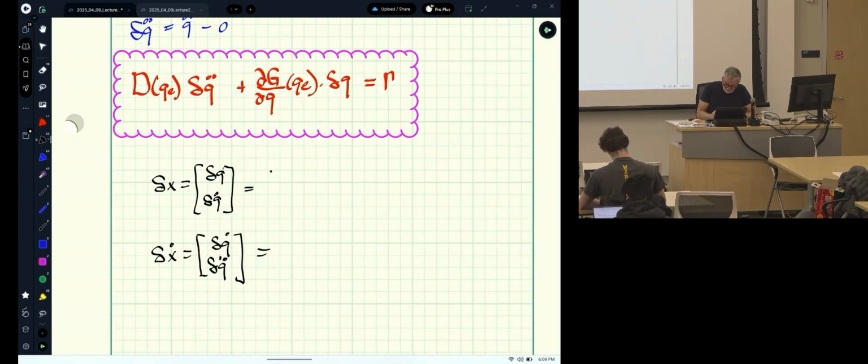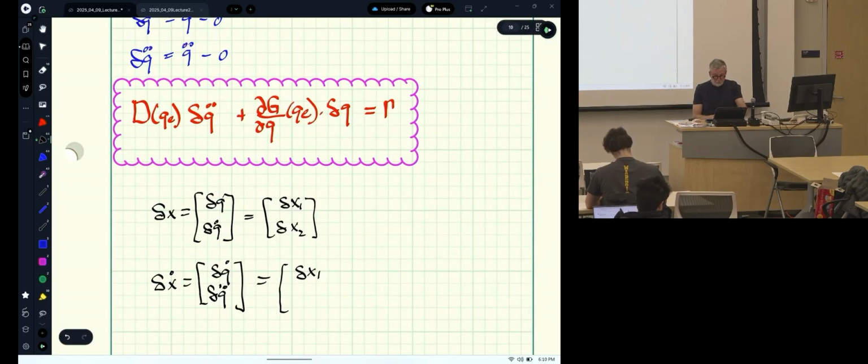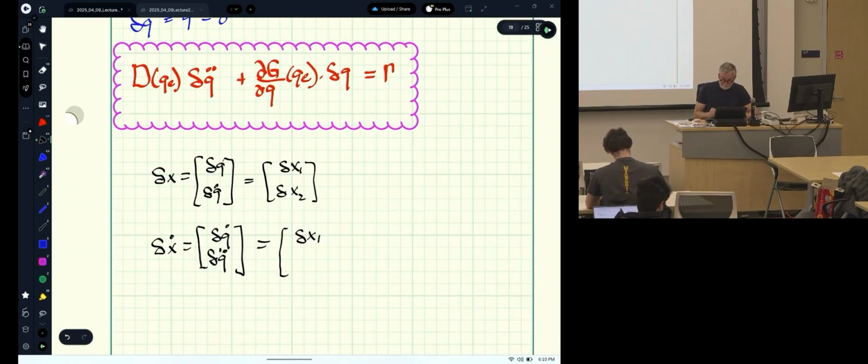Okay. We'll call that the first component of X and the second component of X. So this is dx1. And then we have to solve for Q double dot. Okay.